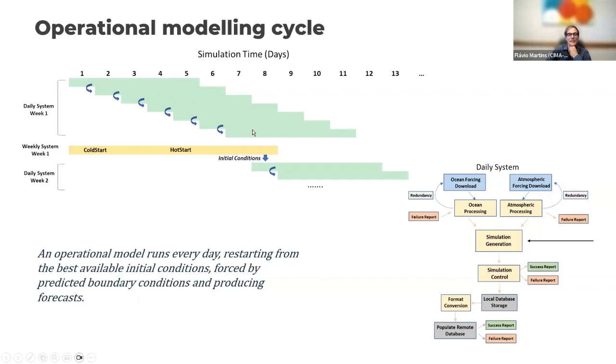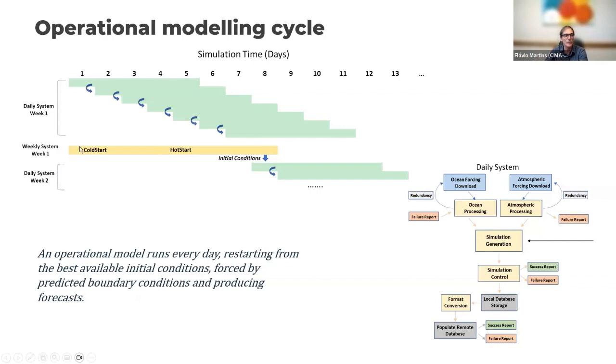What happens is that if you don't ingest observations into the model, the model solution will start to deviate from the reality. So our forecast starts being worse. So every period, every few days or hours or whatever, you need to reinitialize the model with initial conditions that are closer to the reality, to the observations.